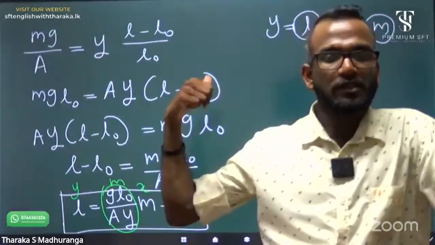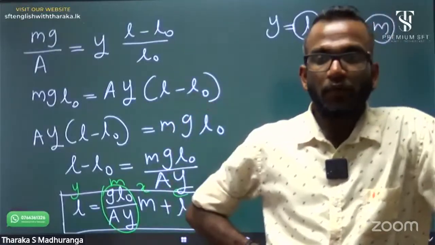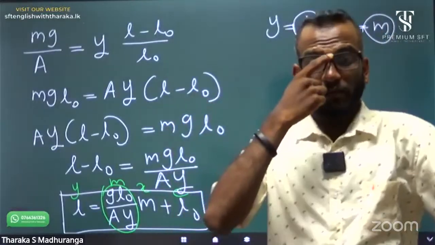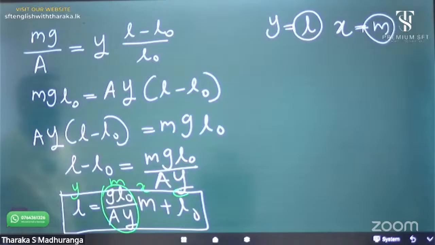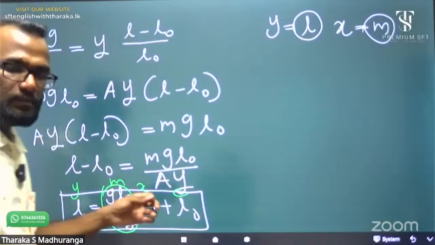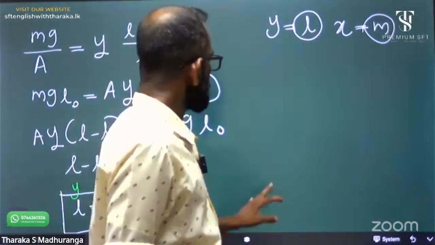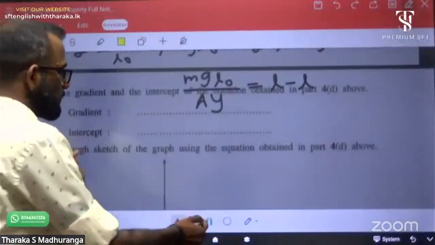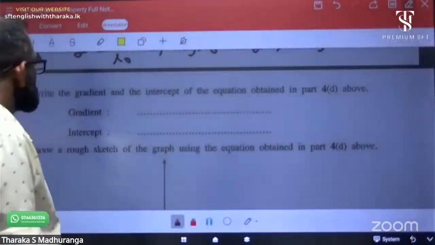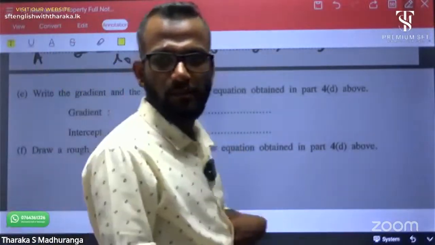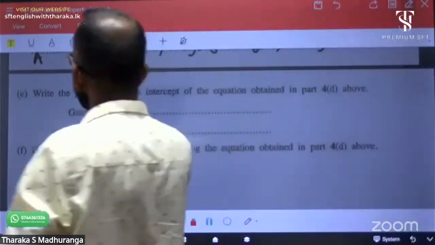Now this is the 2016 fourth structured question. Vihanga, understood? The remaining parts are very simple.